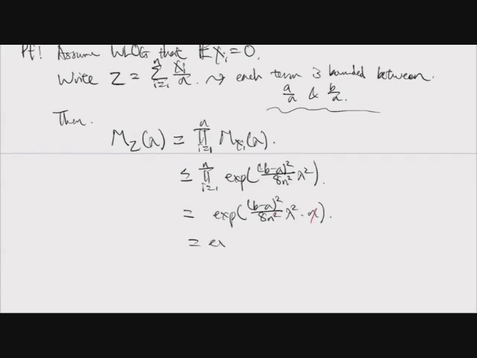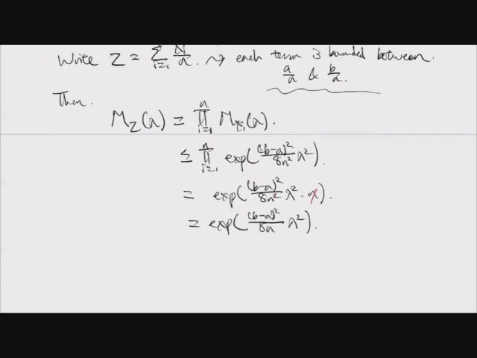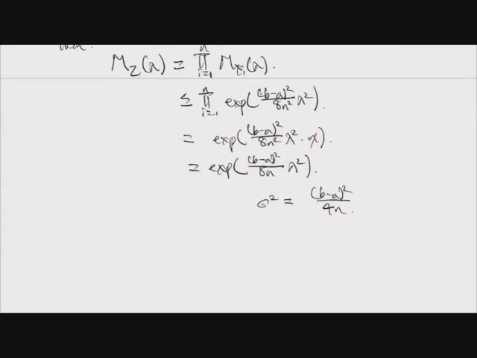Writing this out again, this is going to be (b minus a) squared divided by 8n times lambda squared. So what's my sigma squared now? Sigma squared is going to be equal to (b minus a) squared divided by 4n. Now we apply Chernoff's method.